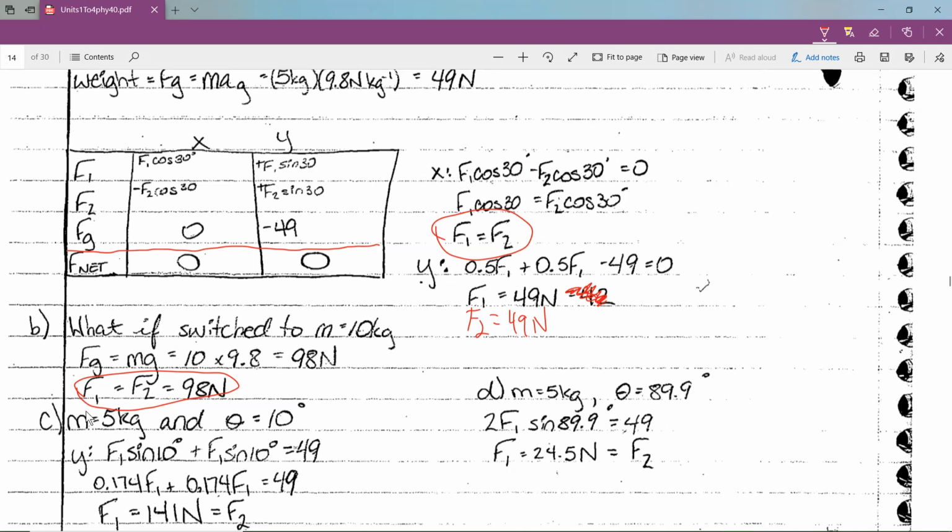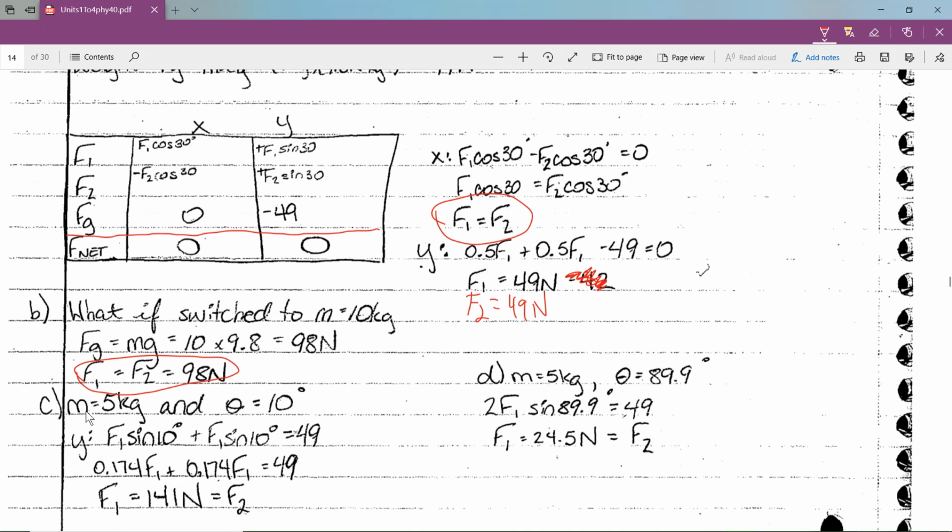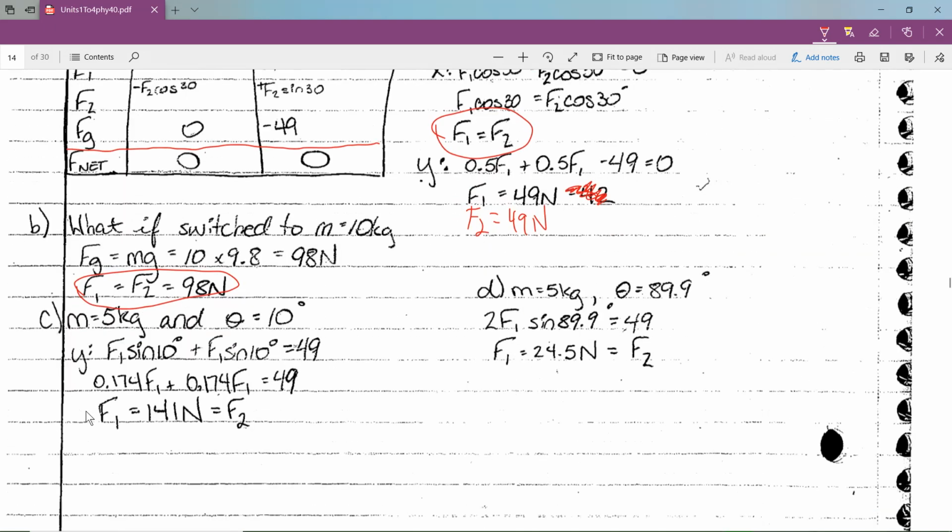The third one, I go back to 5 kilograms, but I change the angle. I just change it to 10 degrees. Whether you want to call that shallow or not, let's not bother with that. Let's just say it's 10 degrees. So it's looking more horizontal-like. So again, the x's cancel because I'm using the same angle on either side.